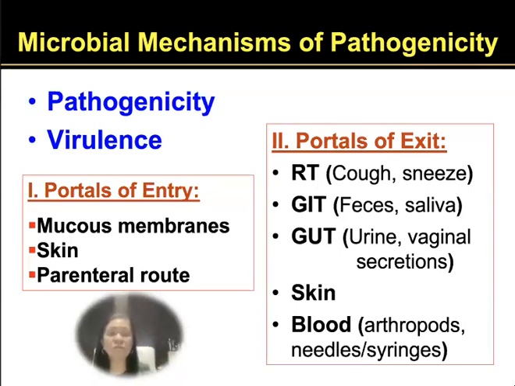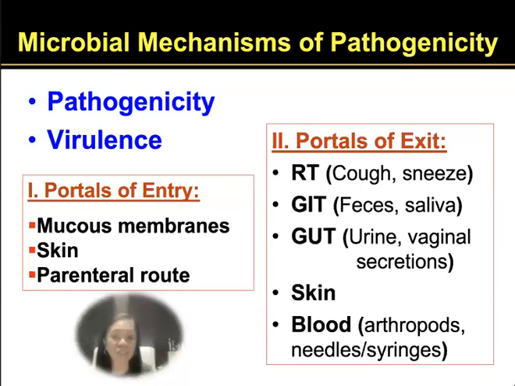Okay? Portals of exit on the other hand, syempre ito yung paano sila lumabas sa reservoir, right? So, organisms are able to exit the body via the respiratory tract through coughing, sneezing, talking, okay? Sa gastrointestinal tract naman, pwedeng via saliva or feces.